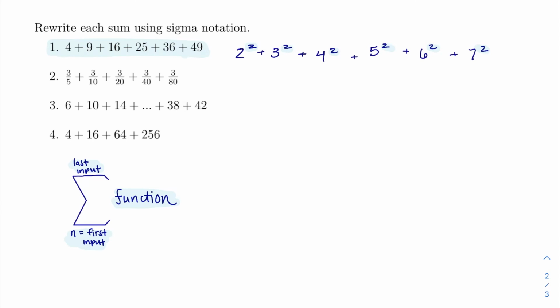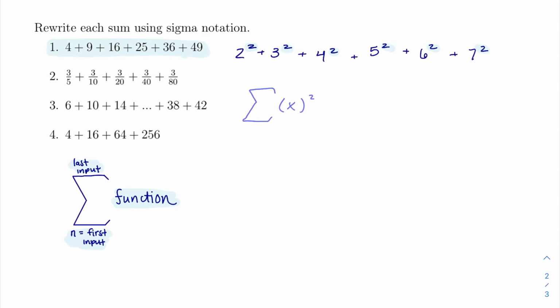And we know that our first input to our last input, when we're calculating those things, they also go up by 1. So we can use that to our advantage here. So our function, here's our sigma, our function is just going to be squaring. That stays constant, and then what's being squared is going up by 1.